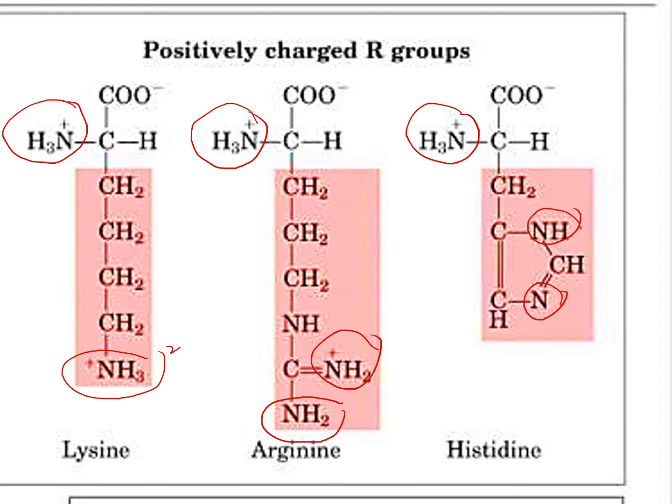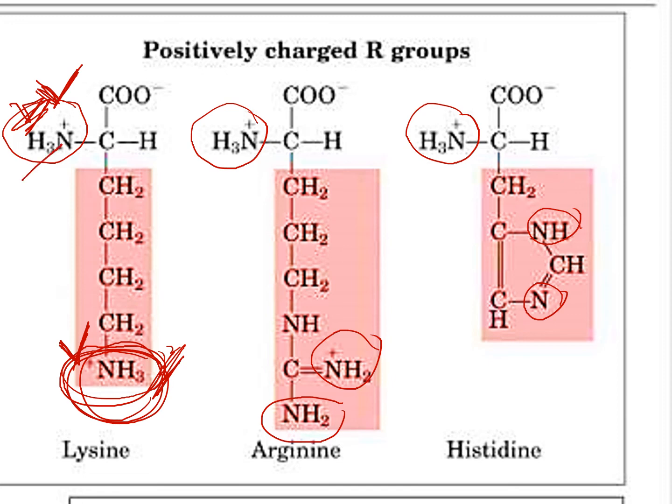Now, please do remember that whatever happens in this part of the molecule, if it would carry a positive charge or not, will also be the same behavior that this specific amino group will do. Because they're just the same.